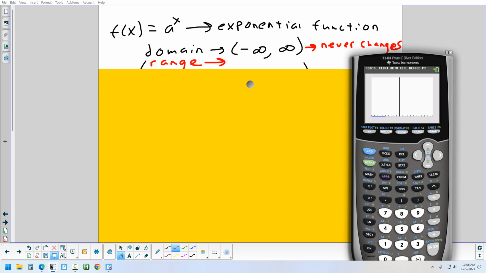But remember, this is a y max of 2,000. So you can see it's definitely going up forever. Does it look like it goes down forever? No. Let's zoom back in. What does it look like the lowest that graph ever goes? 0. Yes, the lowest that it goes is 0.